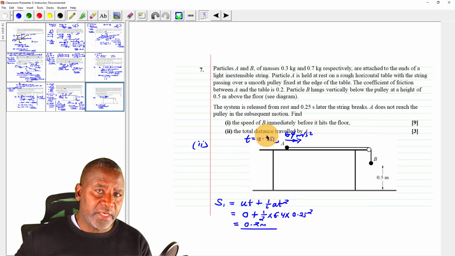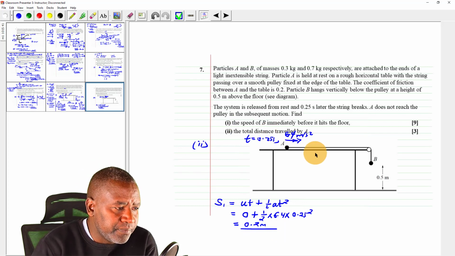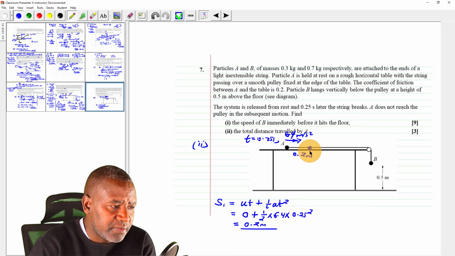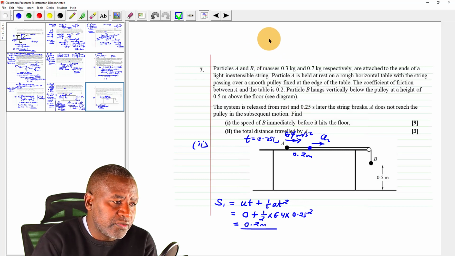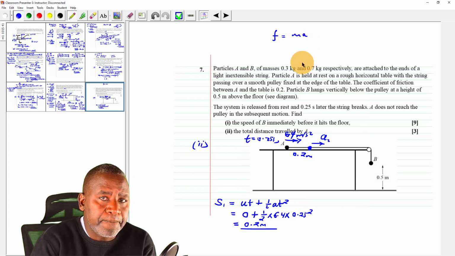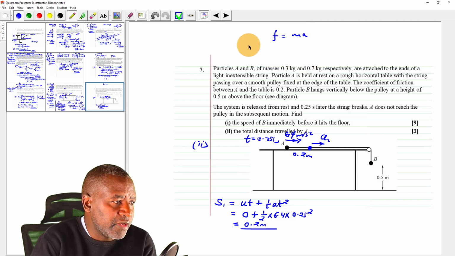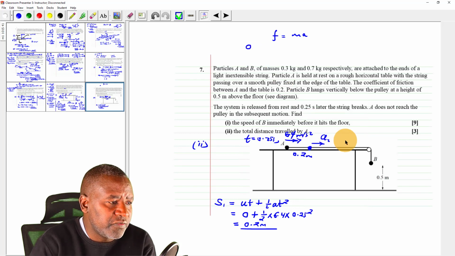Now when the string gets cut, maybe it gets cut at this point, after it covers 0.2 meters, it doesn't stop there, so it continues moving in that direction. So I want to calculate the acceleration that it has, which is acceleration 2, and when we apply the equation F equals ma on it, the force acting in the direction in which it is moving is 0.